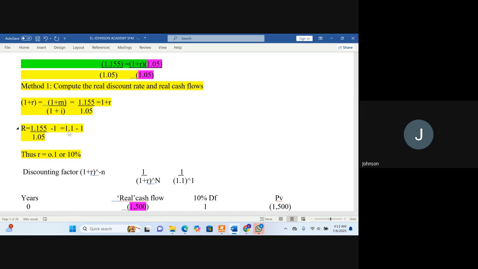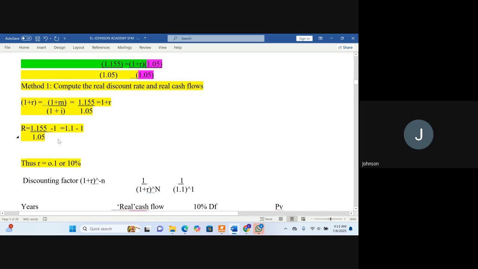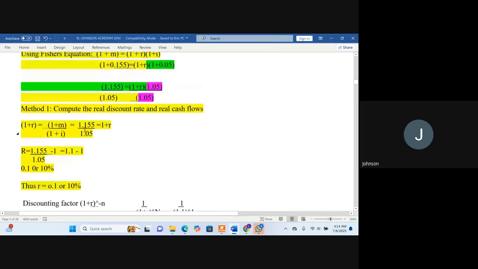That will give you 0.1, multiplied by 100, and it will become 10%. You multiply by 100. Do we understand what we did here now? Do you understand what we did here?